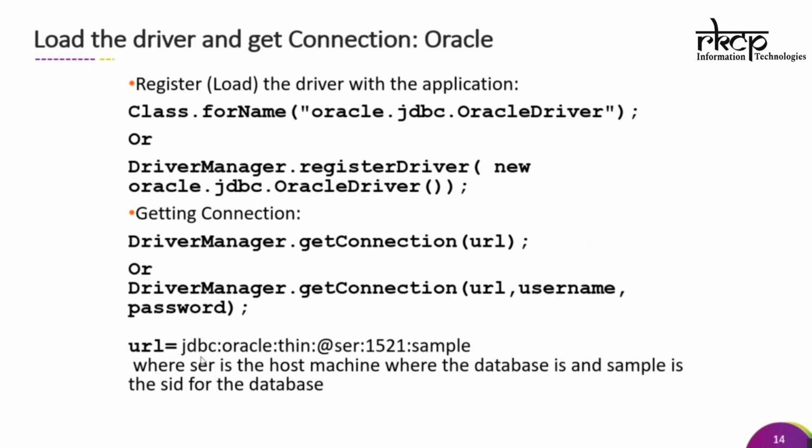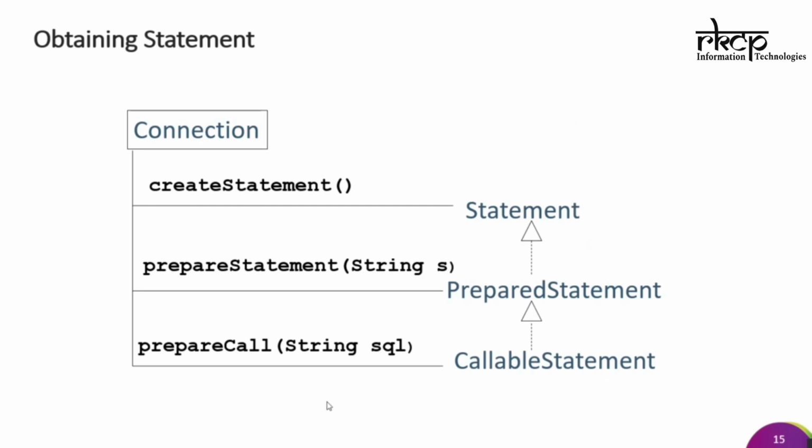Suppose my URL is jdbc:oracle:thin: followed by where the Oracle server is. If the Oracle server is on my local machine, you can write localhost. After that, the port number. The default port number for Oracle is 1521, and then the database name that you will pass. After that, you can pass the username and password. I will show you this part practically, but I hope you are able to understand.